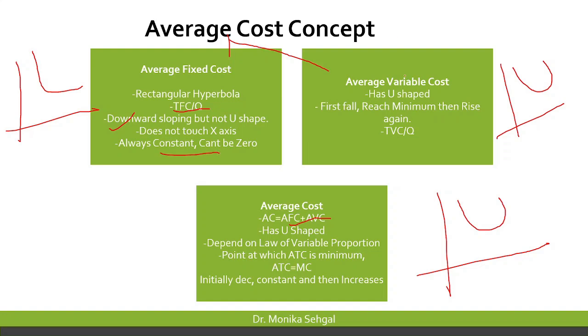However, the average variable cost first falls, reaches a minimum, then rises. Average cost follows the average variable cost. It is U shaped, and ATC is minimum where the MC cuts AC from below, like this.